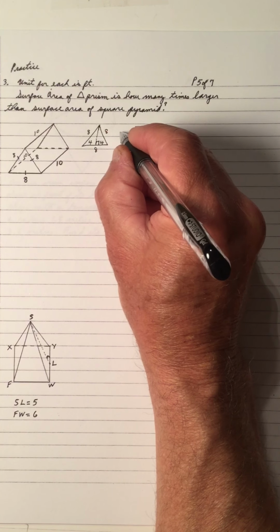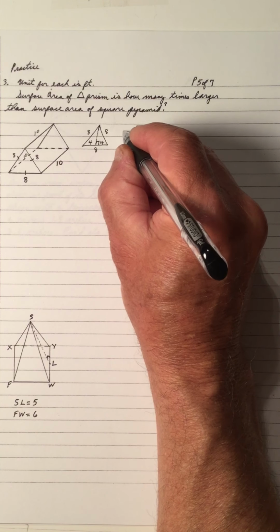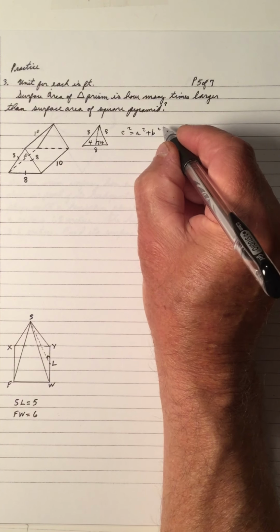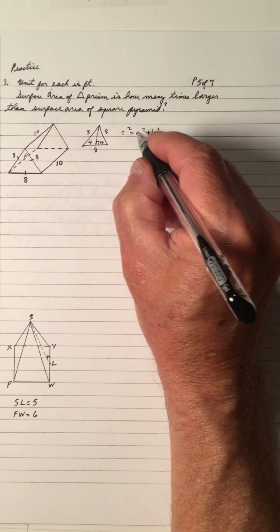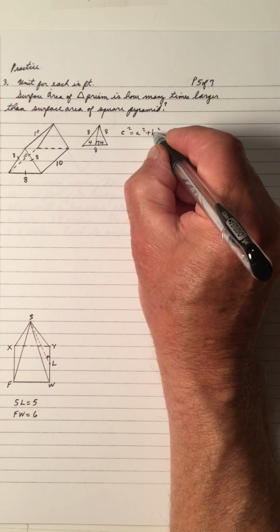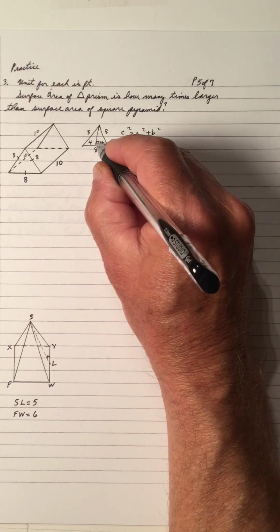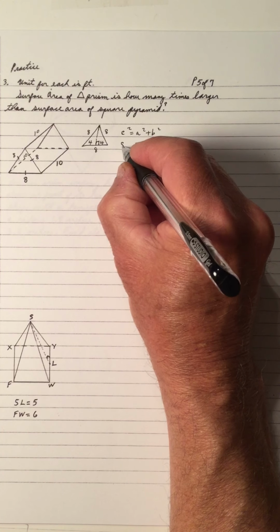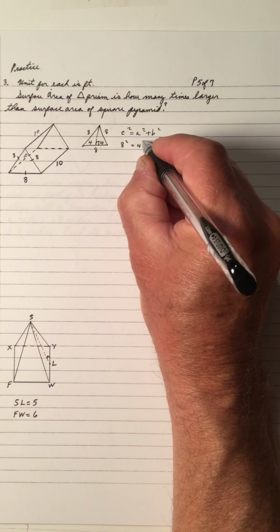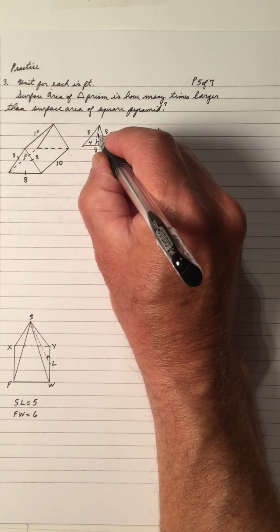And because we did that, we have right triangles, and we used the Pythagorean Theorem, which is used quite regularly in math. And in the Pythagorean Theorem, c squared equals a squared plus b squared. C is the hypotenuse, which is opposite the right angle. So c is 8, and a is 4, and we could call this the height.